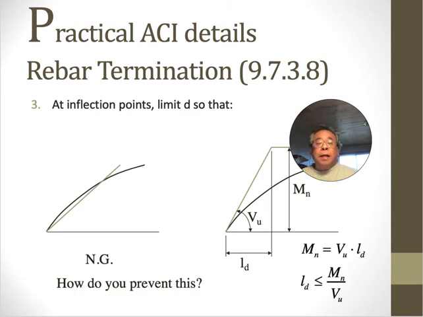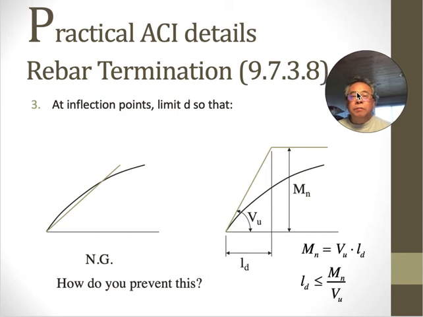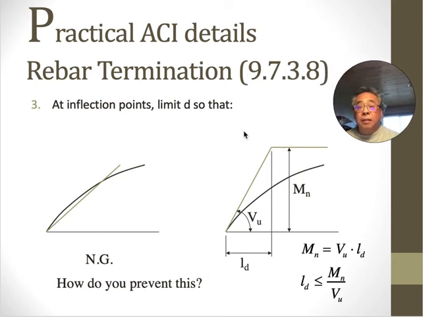Okay, and so remember how we talked about the strength increases from 0 to the full strength over the development length. So let me draw this. If this was the capacity, it takes LD to get to the full capacity, from 0 to the full capacity over LD.